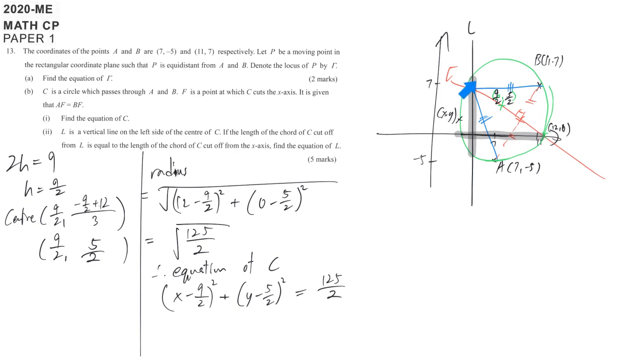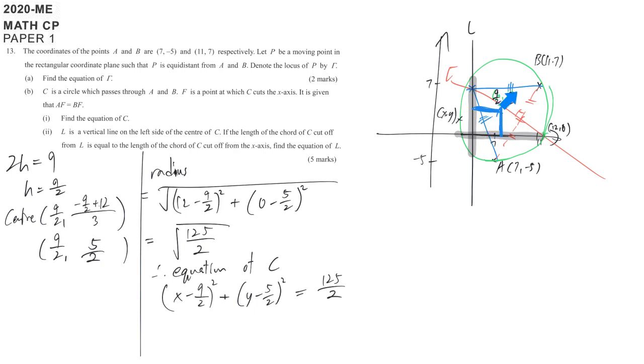There is one property called equal chords, then equal distance from the center. So that implies the distance from the center to this line and the distance here are exactly the same. But how long is this vertical line?